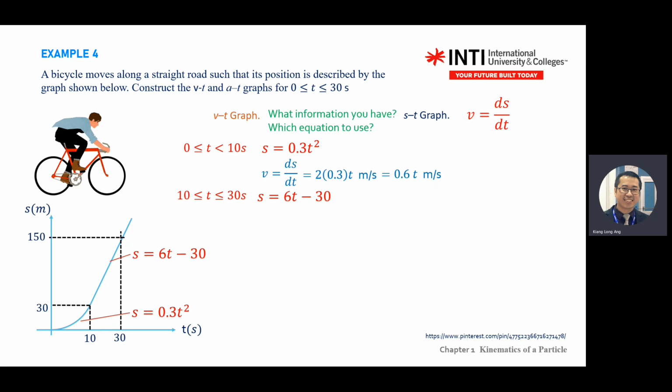We have 3 graphs, right? What is the form? Linear form. Right? Y equal to mx plus c. Your intercept is through 0. Make sense?